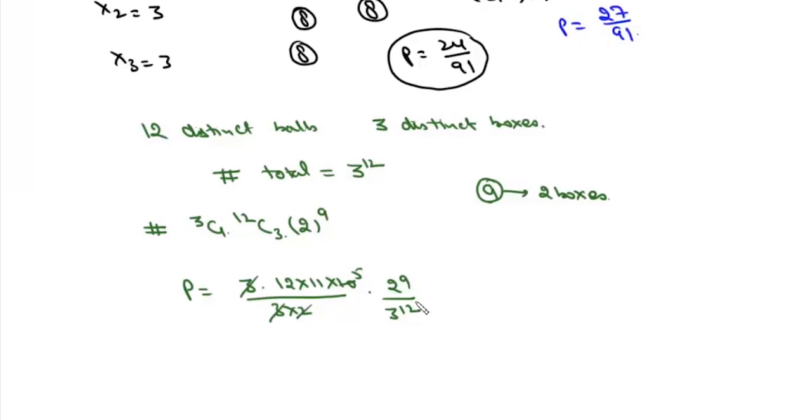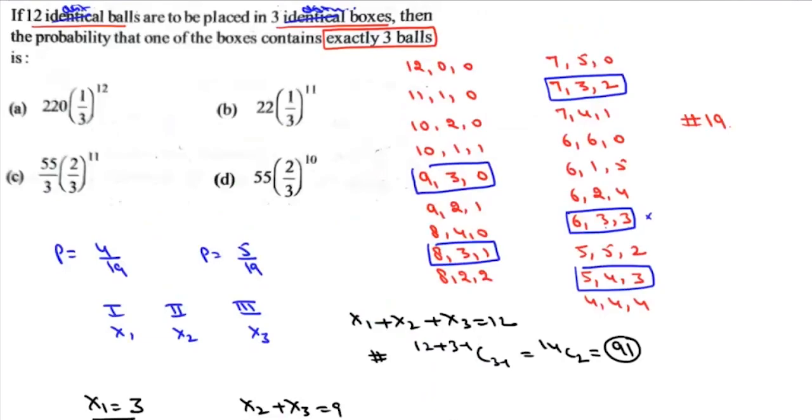This is 5. Now this is 3 to the power 11 and this is 2 to the power 11. So we'll write this as 55 into 2 by 3 to the power 11, which again doesn't match with any option.